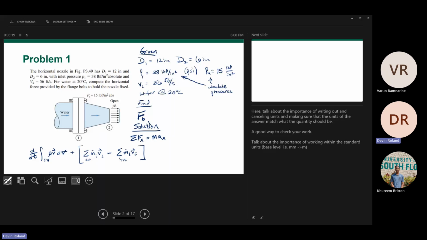But if we're assuming that this is steady, then the first term would go to 0. And this is equal to the sum of forces.